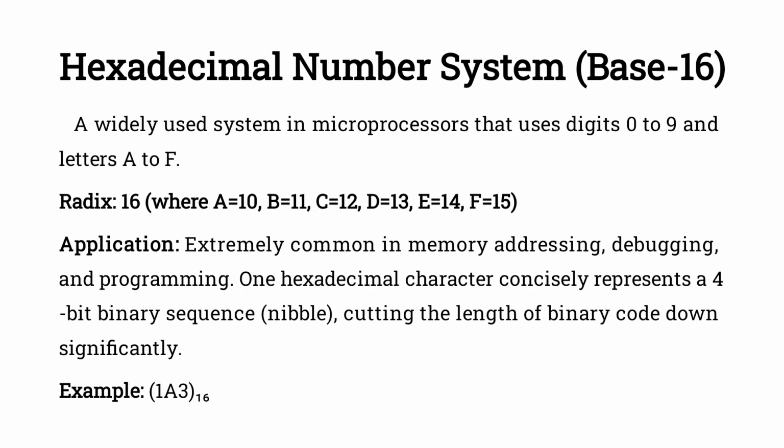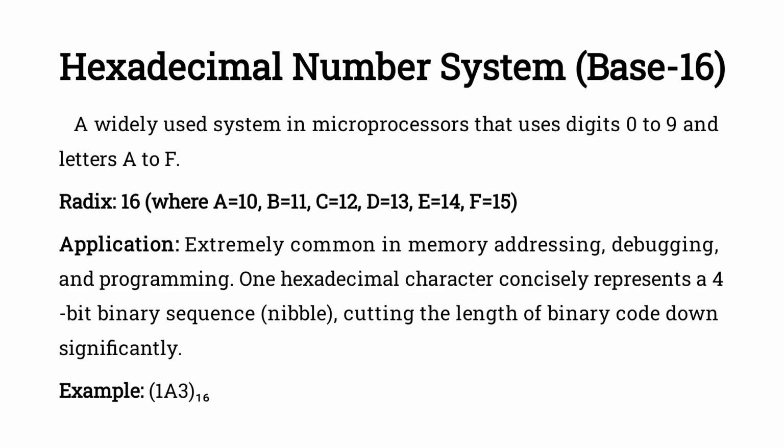Next one is the hexadecimal number system. The hexadecimal number system is widely used in microprocessors. It uses the values from 0 to 9, and after 9 it takes the values from A to F. For example, A equals 10, B equals 11, C equals 12, D equals 13, E equals 14, F equals 15.